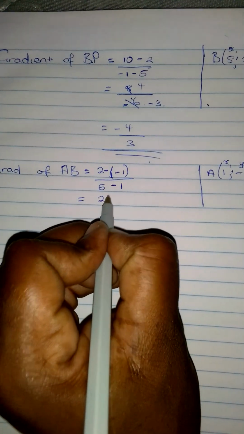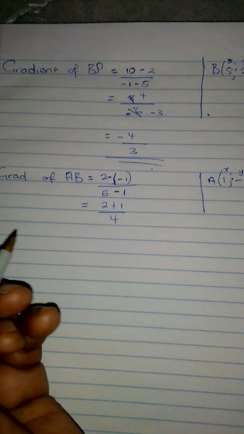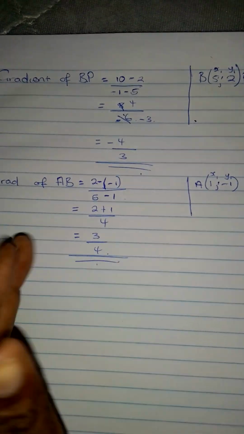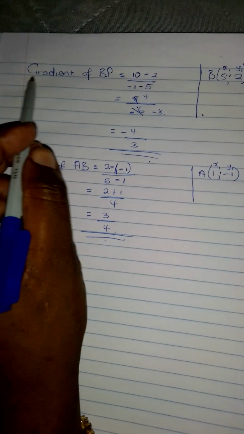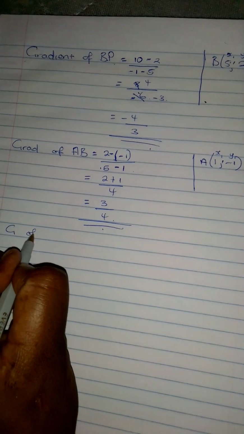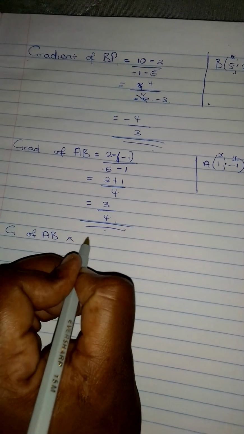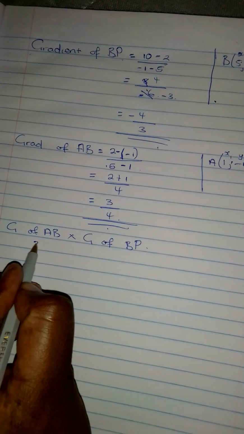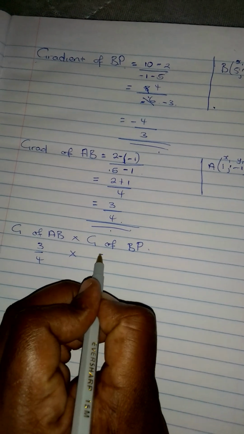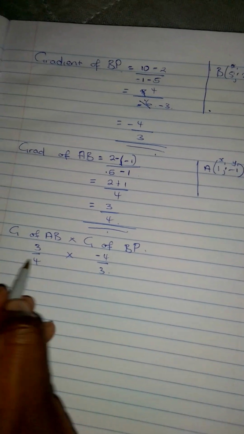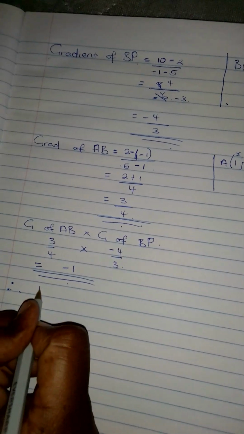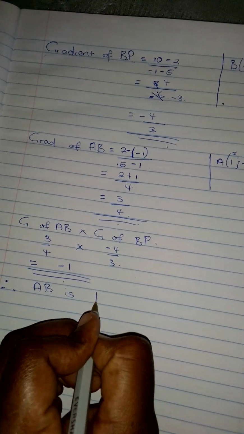This simplifies to 2 plus 1 over 4, and this becomes 3/4. And if we carefully analyze our gradient of BP and gradient of AB, if we multiply the gradient of AB, 3/4, times that of BP, -4/3, we get -1. Therefore, AB is perpendicular to BP.